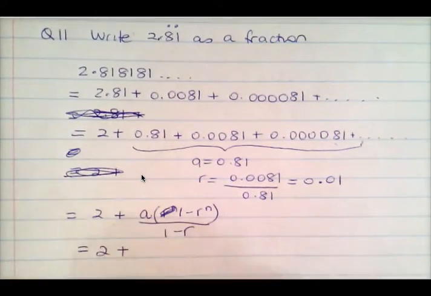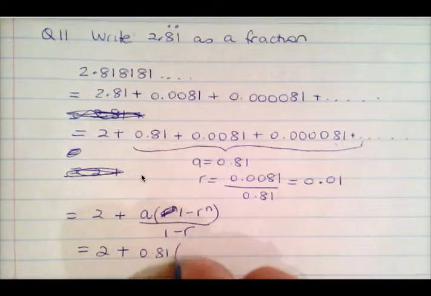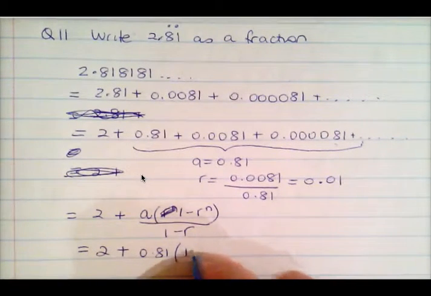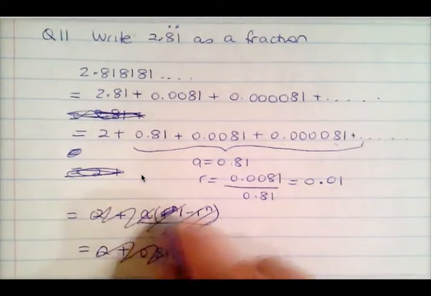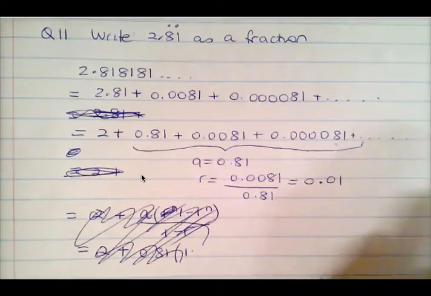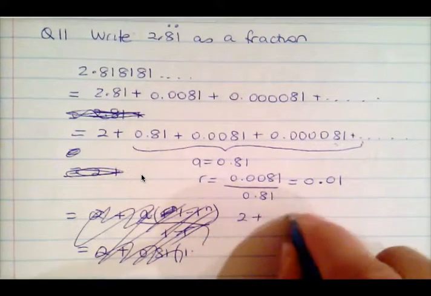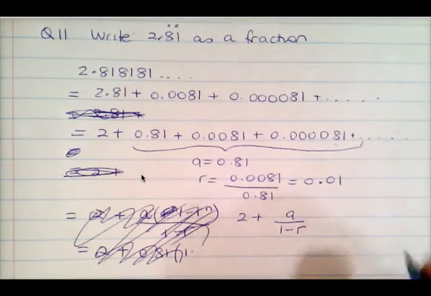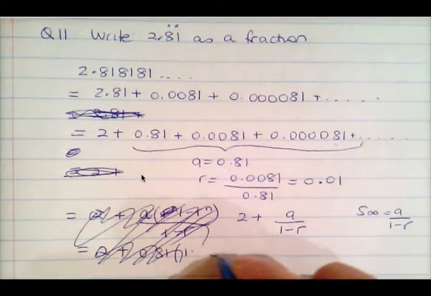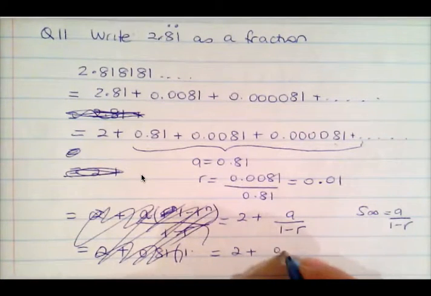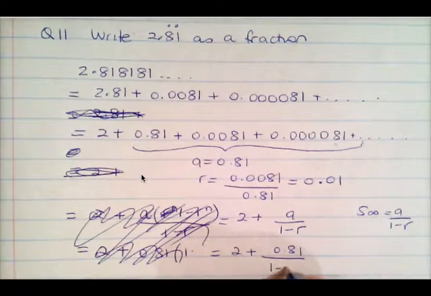Actually, class, it's a sum to infinity because it goes on forever and ever. So it's 2 plus a over 1 minus r, because remember, sum to infinity is a over 1 minus r. So it will be 2 plus 0.81 over 1 minus 0.01, which is 2 plus 0.81 over 0.99.